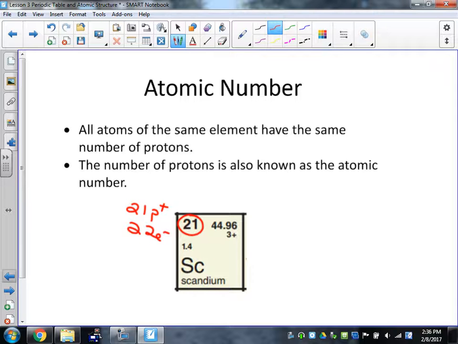Notice, scandium can form a 3+ charge. It doesn't have to, but it can. How do I get a 3+ charge? How many electrons would I have to have then?